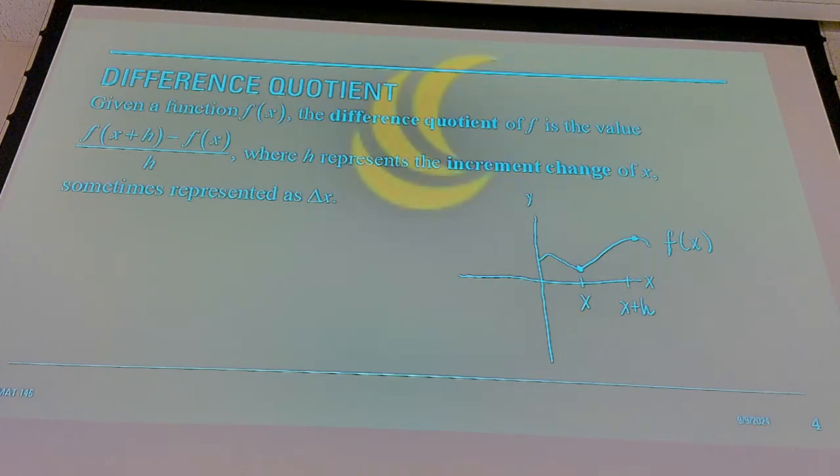That would be our point x plus h, that second point. And first, we're going to have a y coordinate of f of x, and the second point has a y coordinate of f of x plus h.